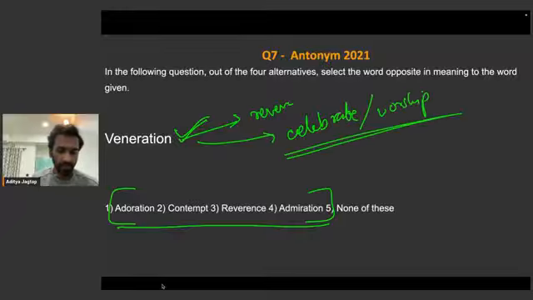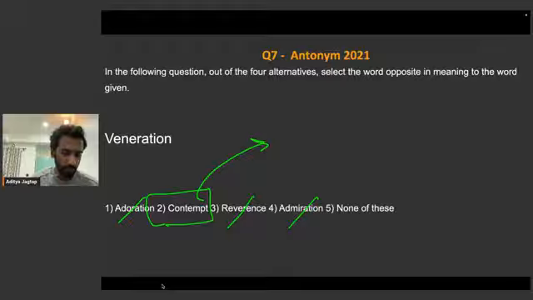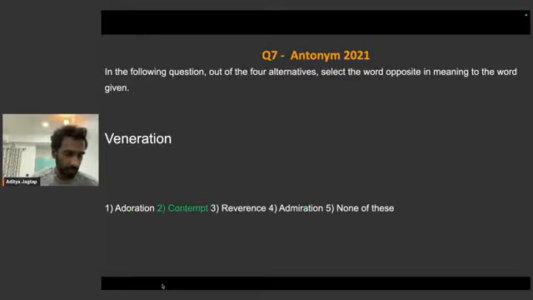So we know adoration is not possible. Reverence, which is to celebrate or worship someone, not possible. Admiration, not possible. Right choice has to be contempt. Contempt would be to have hate for someone or disregard for someone, right?